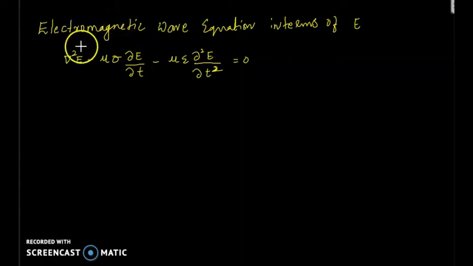Here we can see that the wave equation is a function of E. And in this class, I am going to derive the electromagnetic wave equation in terms of magnetic field intensity H.